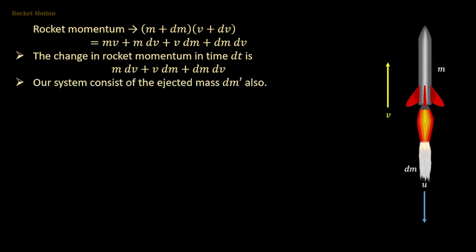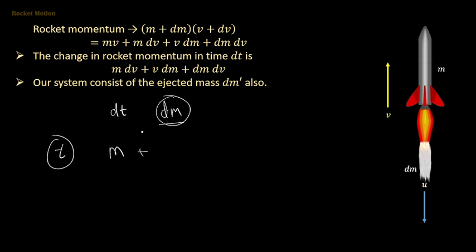Then our system consists of the ejected mass dm dash also. Now over the time dt, the mass of the rocket changes by dm, meaning this amount of mass has left our rocket. But at moment t, our system consisted of the mass m, which also includes the mass dm.